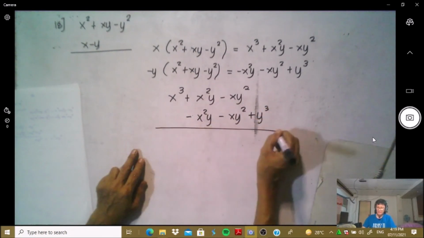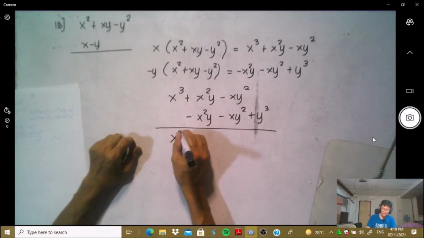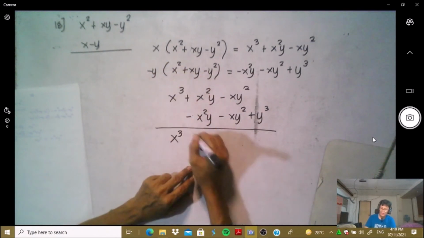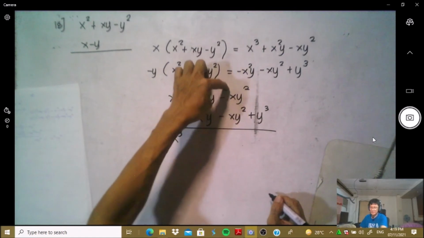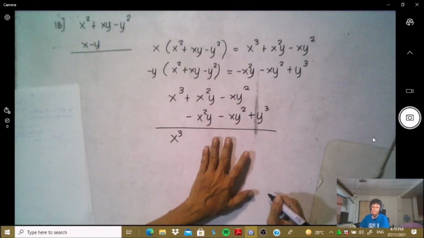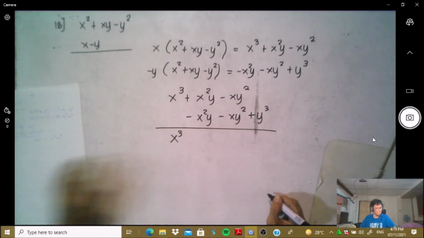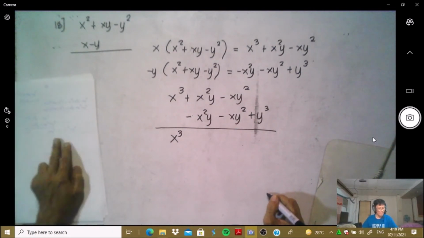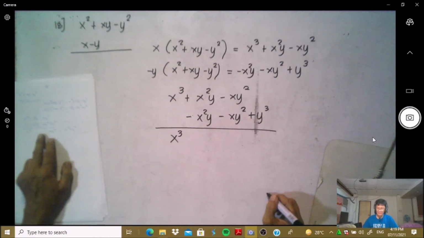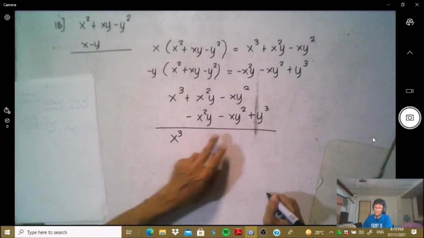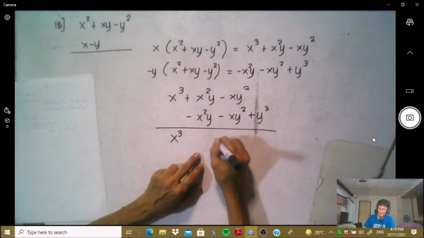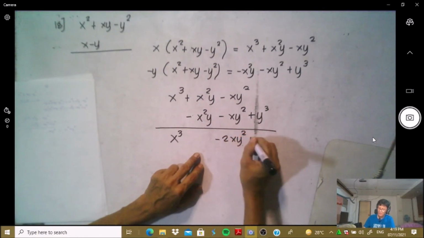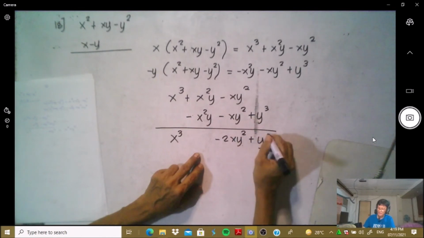Bring down x cubed, then x squared y minus x squared y becomes 0. Then negative xy squared plus negative xy squared will be negative 2xy squared, then plus y cubed.